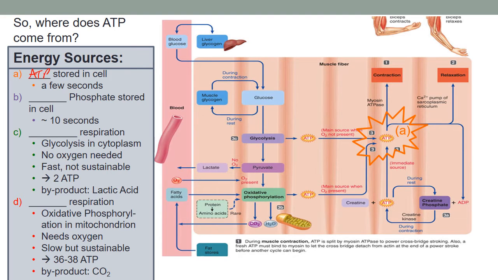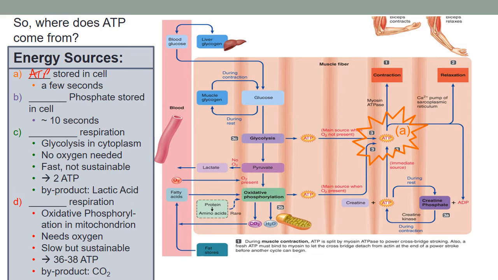And enough ATP can be stored in the cell to power a second or two, maybe three, of muscle contraction. But most of the time we want a longer muscle contraction than a couple or few seconds, so we need another source of ATP.